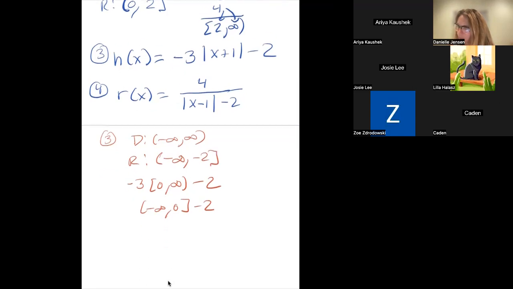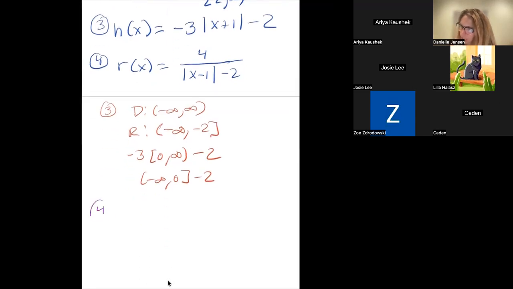Number 4 is more interesting. Even though I can put anything in the absolute value in general in x, I do have a denominator here. So the absolute value of x minus 1, minus 2, cannot be 0. What values of x would make that 2? Negative 1 or 3.